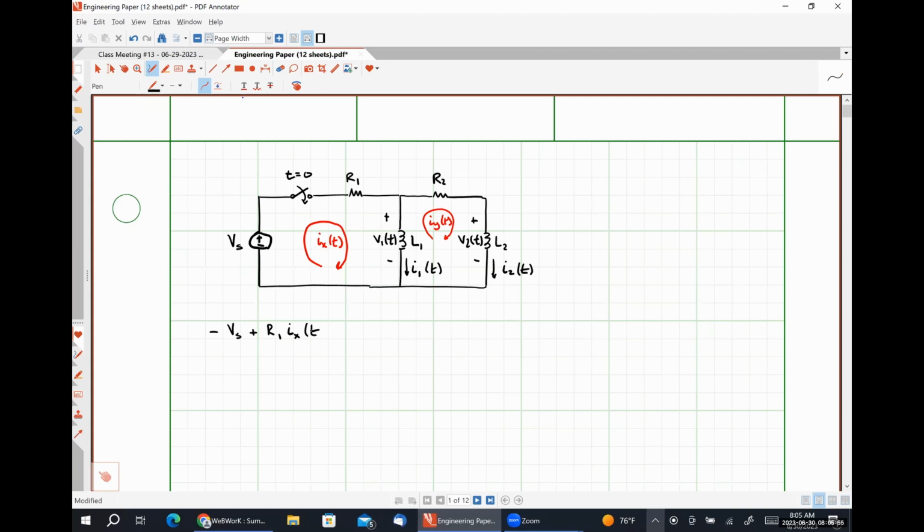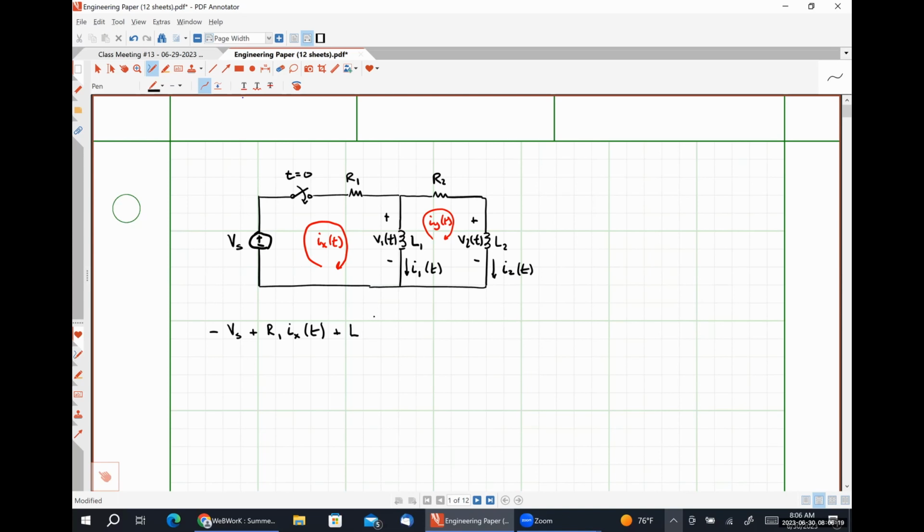And now we need the voltage drop across our inductor. So the voltage drop across an inductor is L times the derivative of the current flowing through the inductor, right?